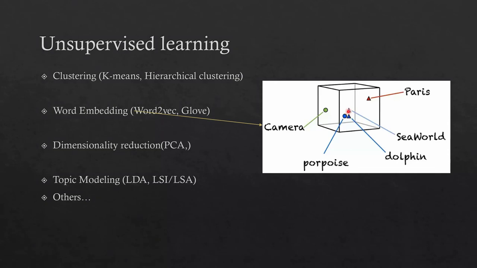So, for example, as you can see here, sea, dolphin, and turquoise are closer to each other, because they have similar meanings. And then camera and Paris are far away from each other, and that's why they are not the same as these three. I think the next few videos will be talking about this, and you could check them out.